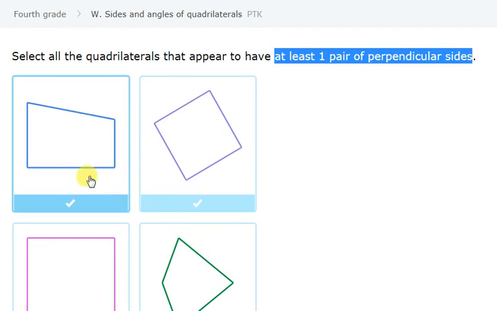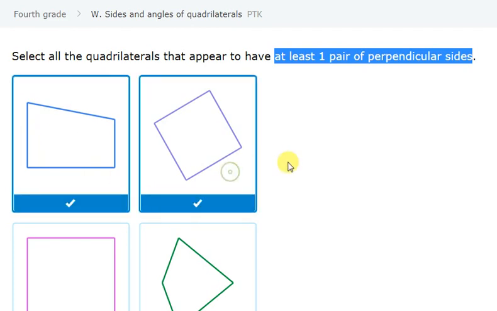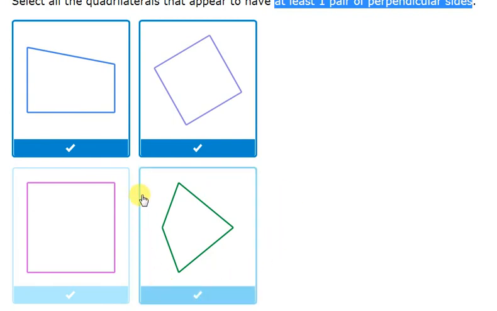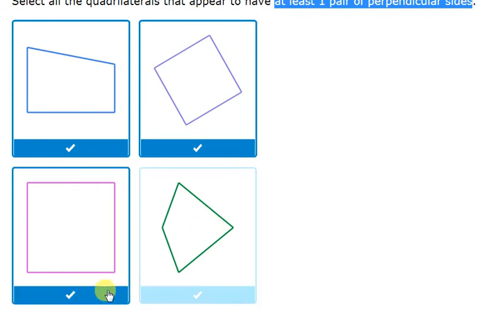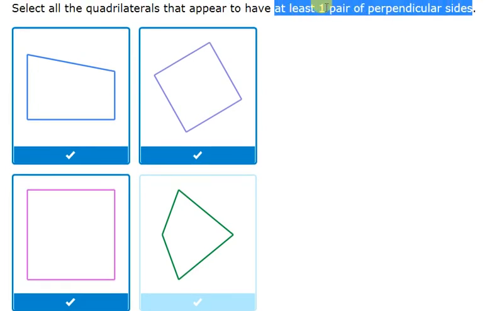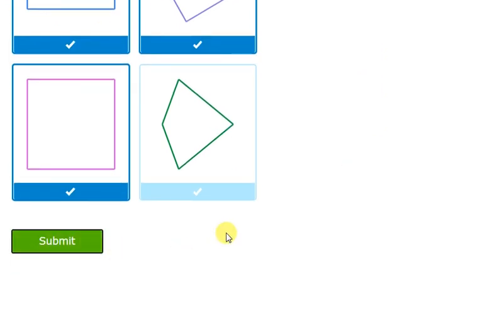So if you look at this, it has one 90-degree angle in it. It also has one 90-degree angle. It does not have any 90-degree angle in it, so it is not selected. And this also has a 90-degree angle. So that means we can select all of these three, because all of these three fulfill the given condition of at least one pair of perpendicular lines, right?